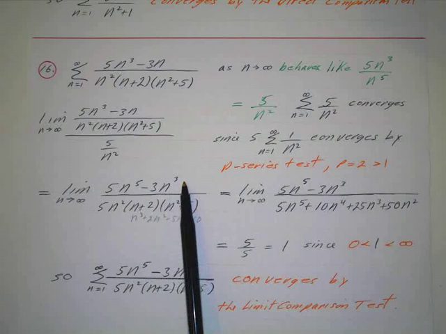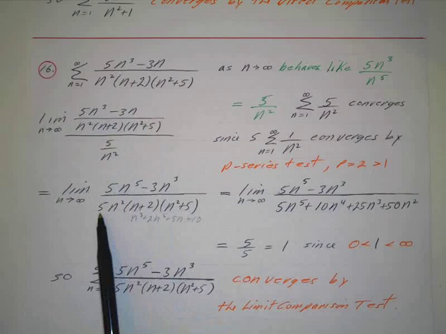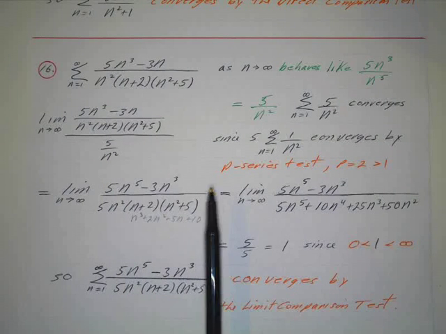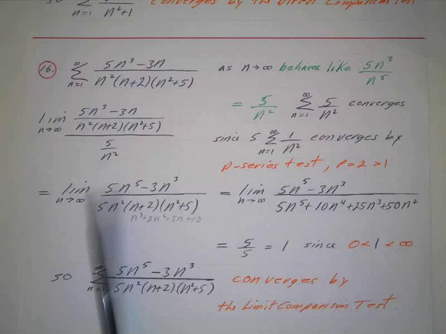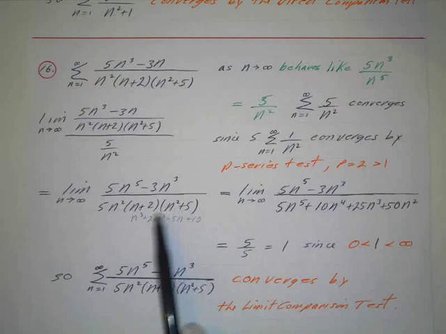So if I invert and multiply, I've got 5 n to the 5th minus 3 n to the 3rd, and I multiply everything by n squared, and multiply the bottom by 5. You could do this intuitively and not have to do this step, but sometimes people have a hard time seeing why this cancels the way it does. So I wrote the top out, and then I actually multiplied the bottom out. It wasn't that bad.